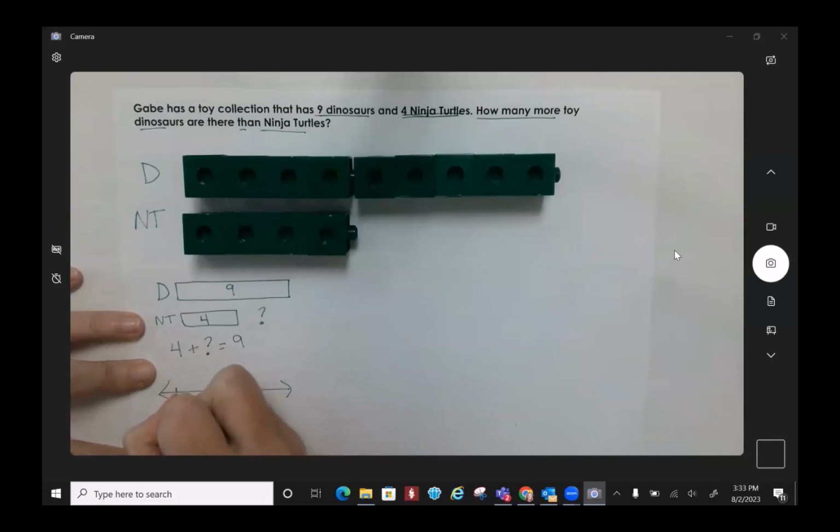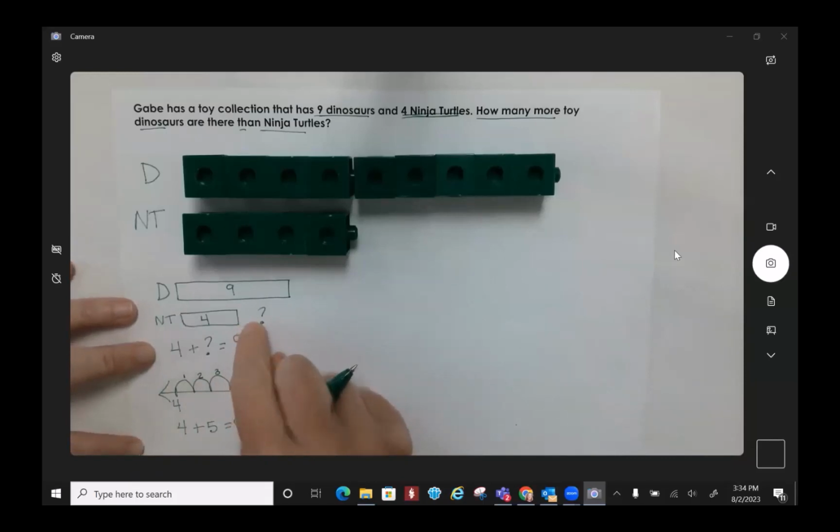So 4, 5, 6, 7, 8, 9. So now I want to see how many hops did I make. So this is 1, 2, 3, 4, 5. That means 4 plus 5 equals 9.